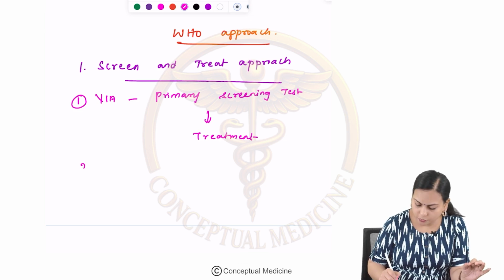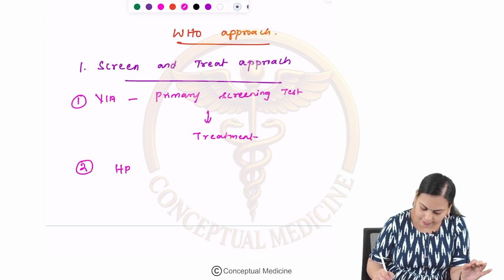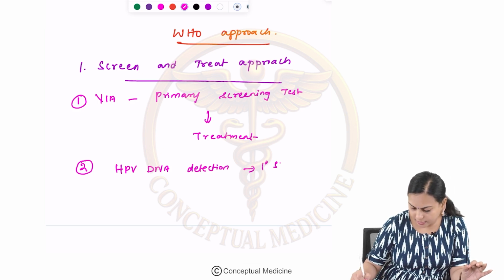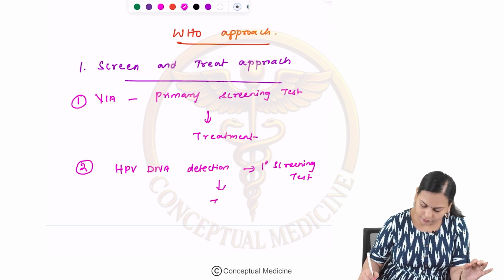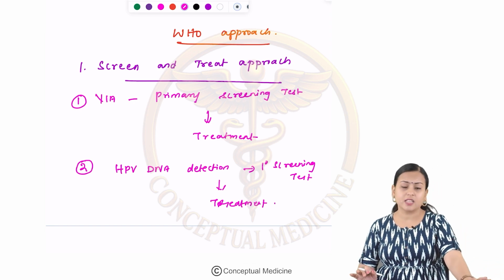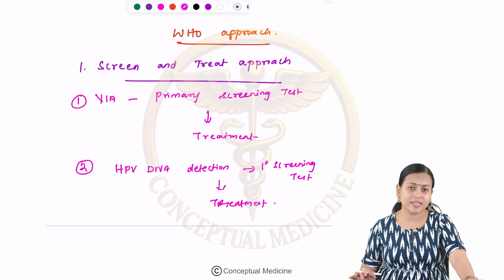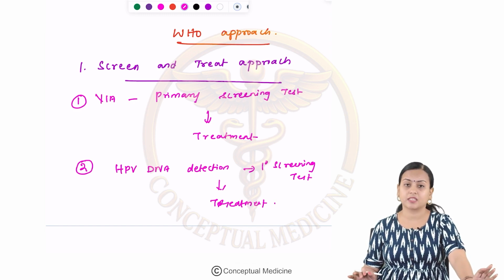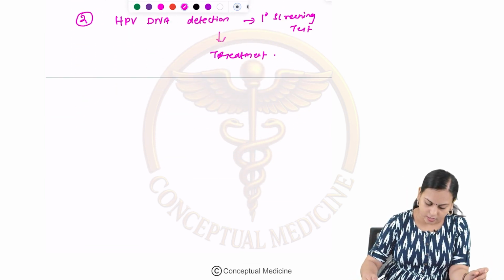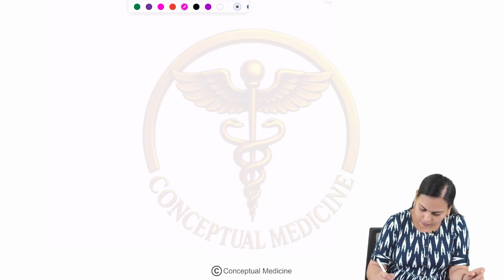The second option is you can use HPV DNA detection as a primary screening test, and this will be followed by treatment. So the word itself says you are going to screen and treat the patient in the same setting. That is the screen and treat approach. Clear?